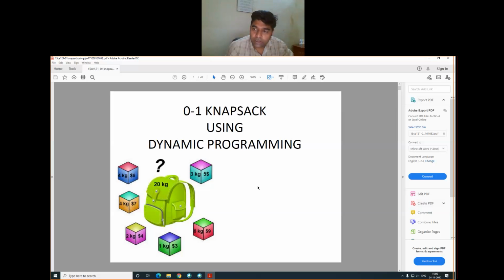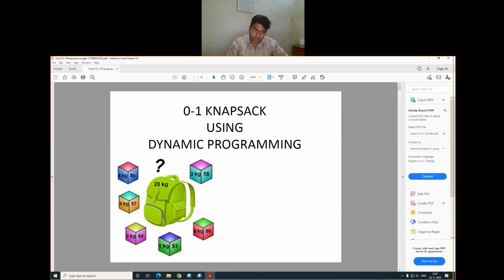We have already discussed earlier what the 0/1 knapsack problem is, in which we have a bag that has a particular capacity. In that diagram, it shows a bag that has a capacity of 20 kilograms, and this is called a knapsack. Outside the bag we have some items with particular weights: 4 kilogram, 2 kilogram, 4 kilogram, 1 kilogram, 6 kilogram, and 3 kilogram.